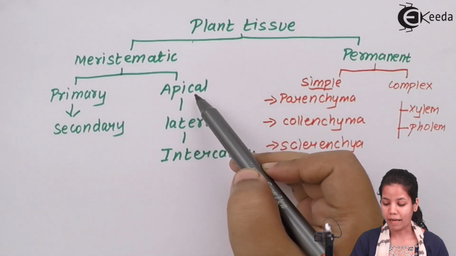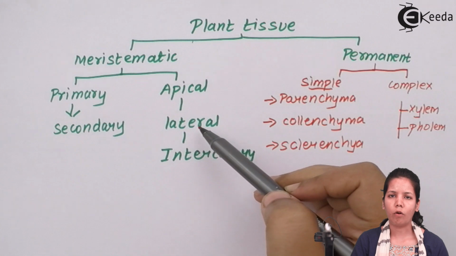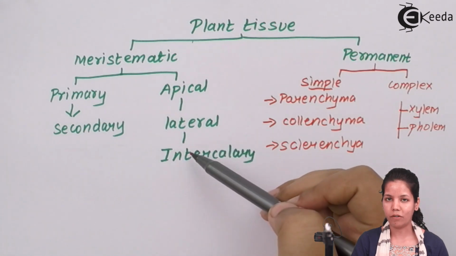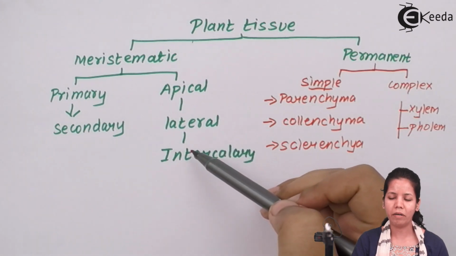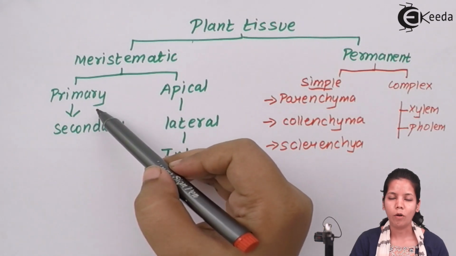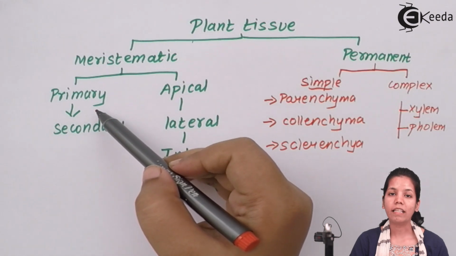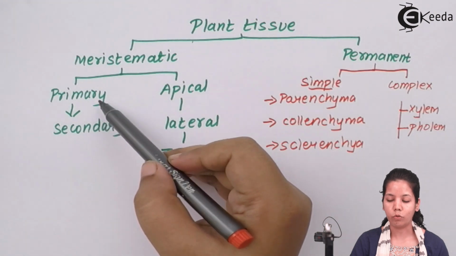One is the apical meristem, which is formed at the top of the plant. Lateral meristem is formed in the branch regions, and intercalary meristem is formed in the middle regions. Primary meristem is basically formed in the cambium, or you can say the tree trunk, or the stem of the plant. The thickness of a tree is basically due to this meristem.